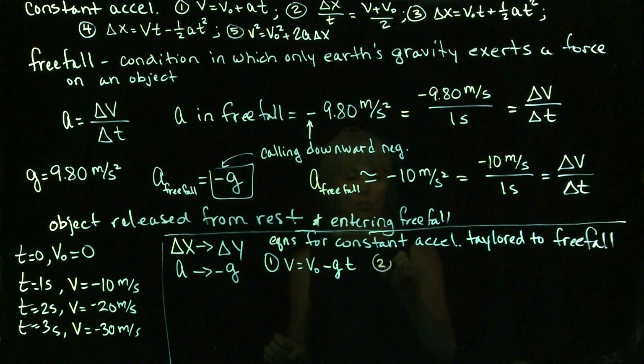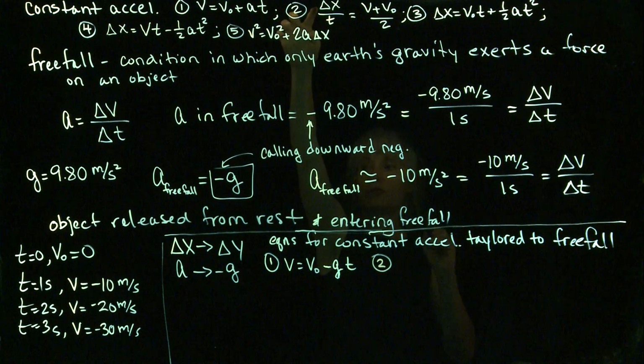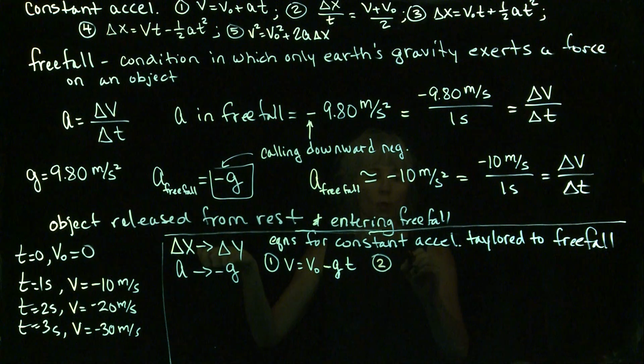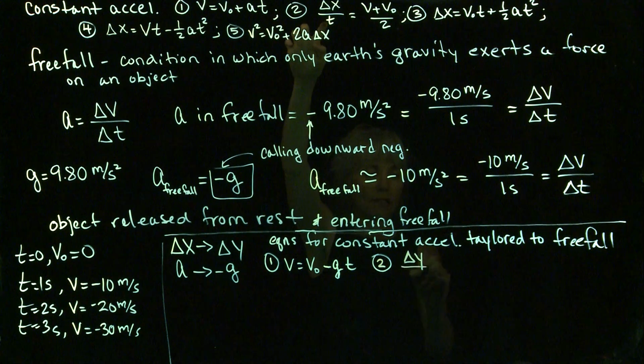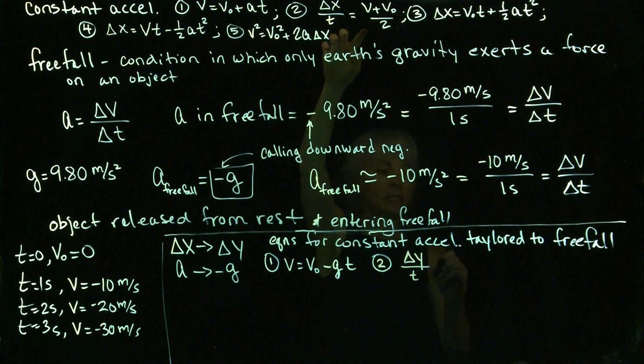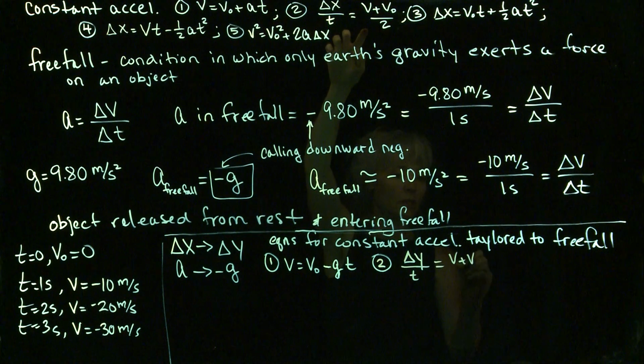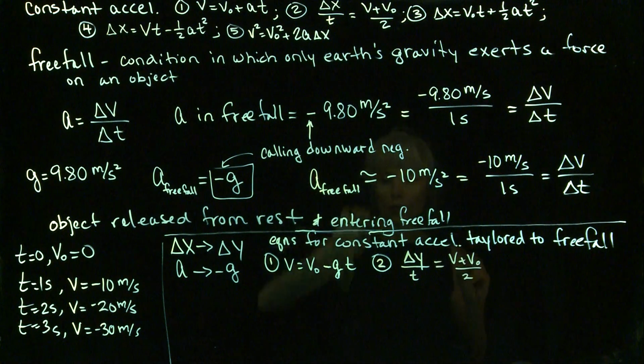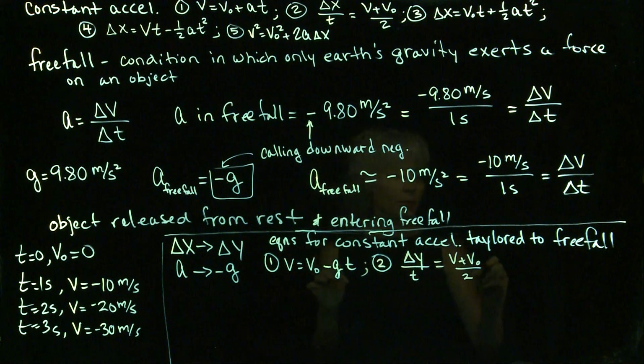What about equation 2? Well, here's delta x, but we're going to write that as delta y because, again, it's traditional to use y when you're dealing with the vertical axis. So this delta y over t is equal to v plus v naught over 2. So there's the second equation that's good for free fall.